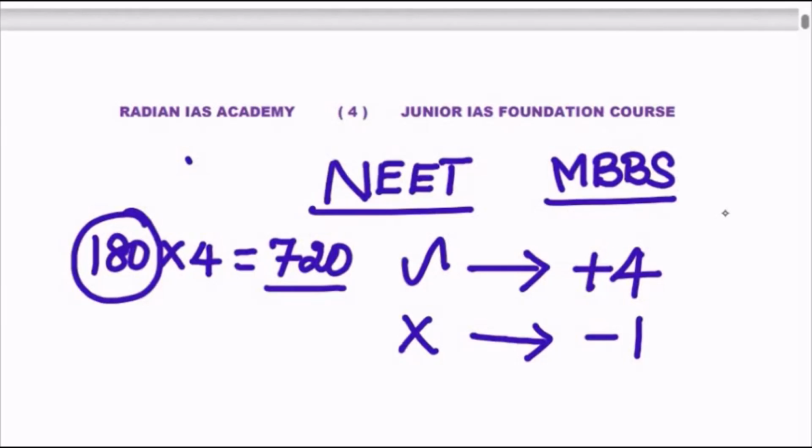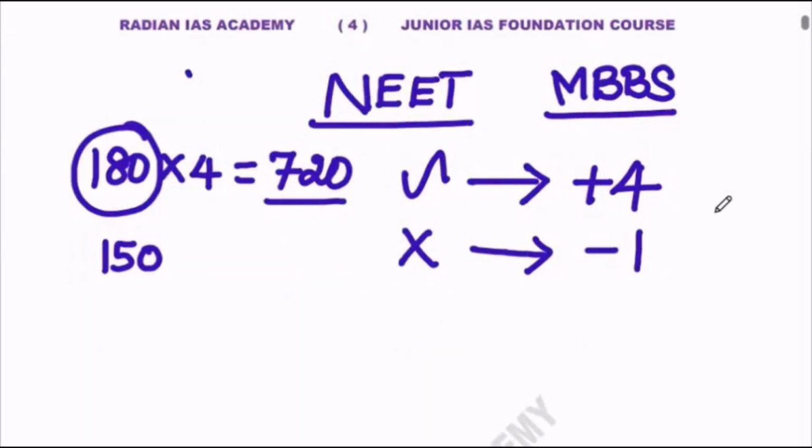Suppose, assume that 180 questions are there. Someone answered 150 questions in NEET. That means 30 questions are left unanswered. Shakti is asking, what is the NEET full form? The National Eligibility Cum Entrance Test.